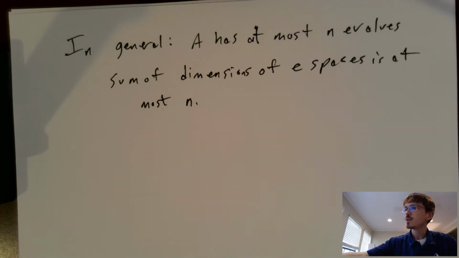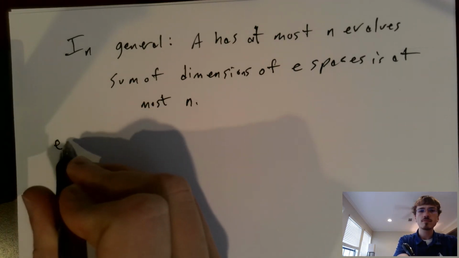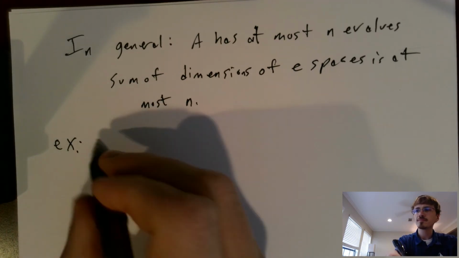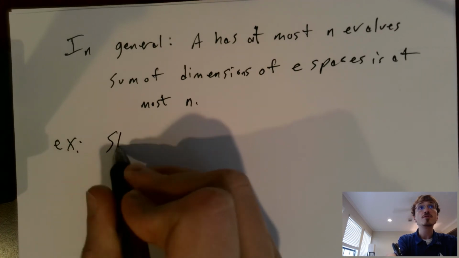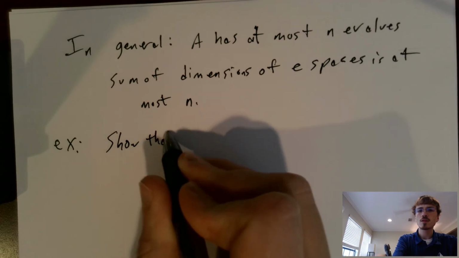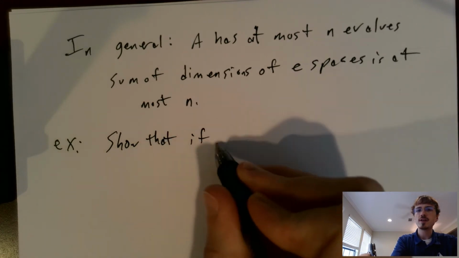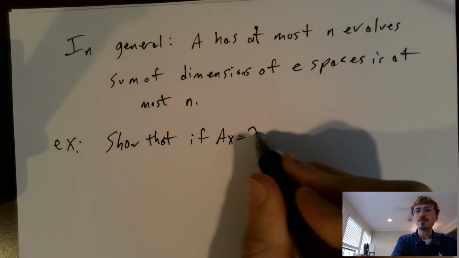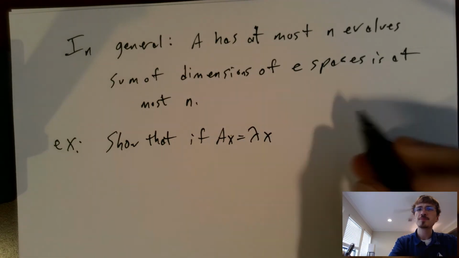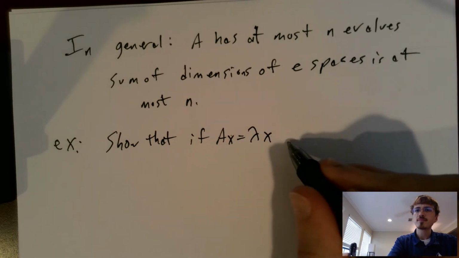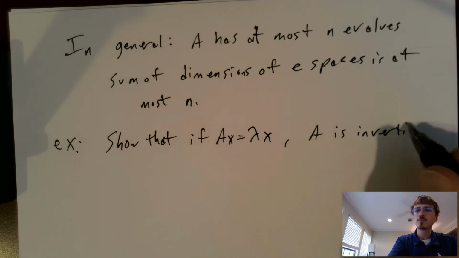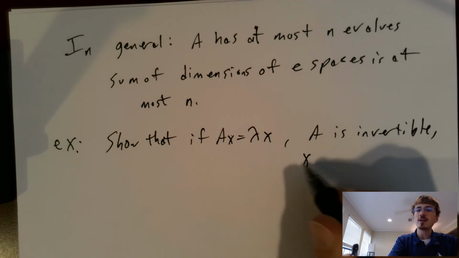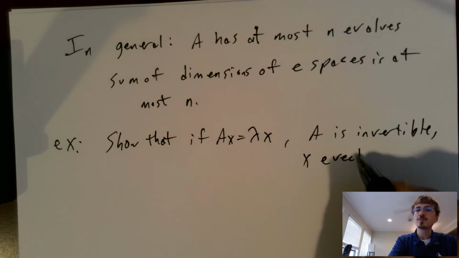Okay. Let's do an example. Show that if Ax equals lambda x, where A is invertible and x is an eigenvector, of course, so it's not 0.